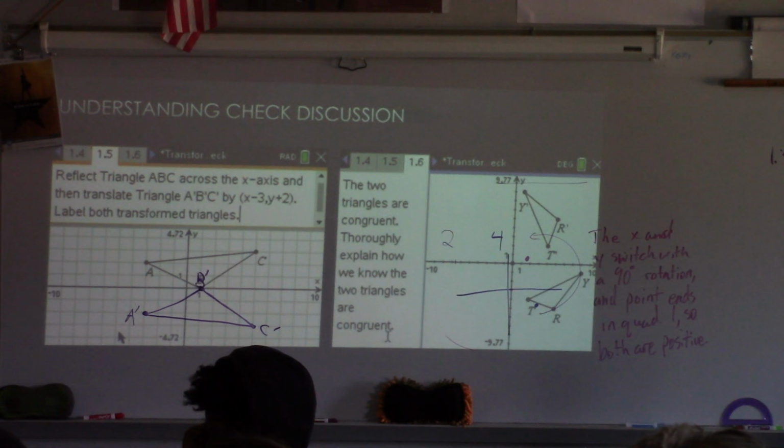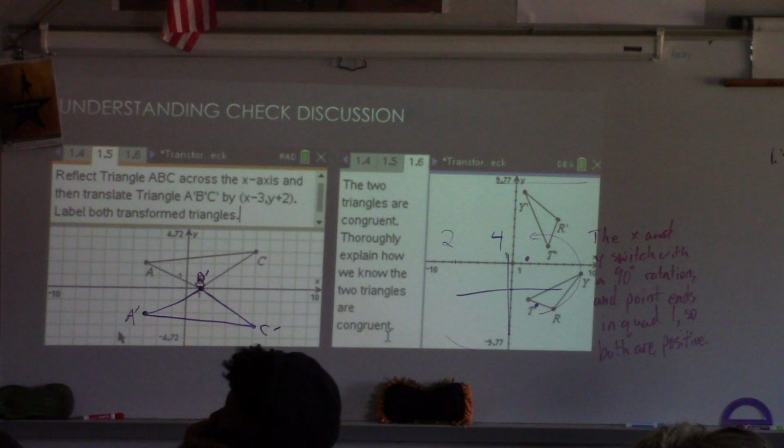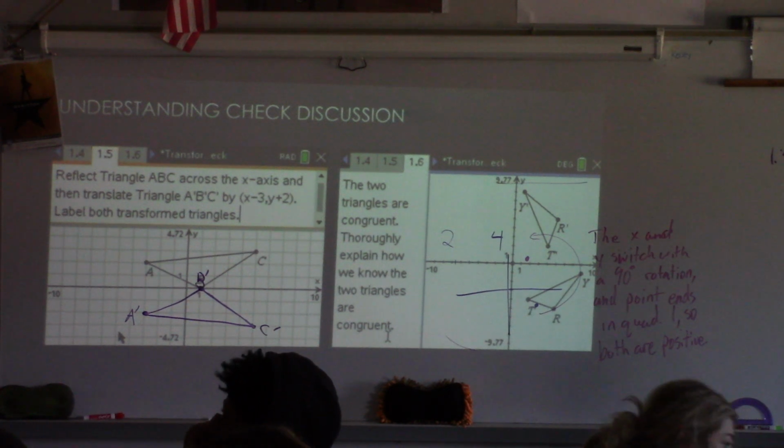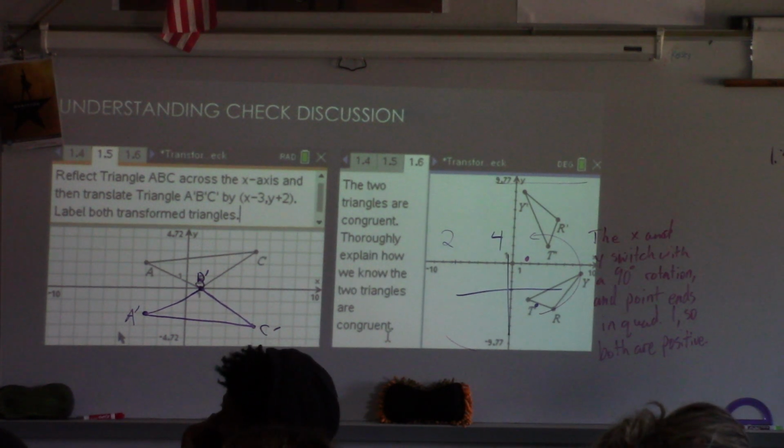Okay? And then I started to do the points for all the images, and then I substituted into the x minus 3 and y plus 2. So like, that makes sense? Now let me ask you a question. Did you actually show me the work? Yes.